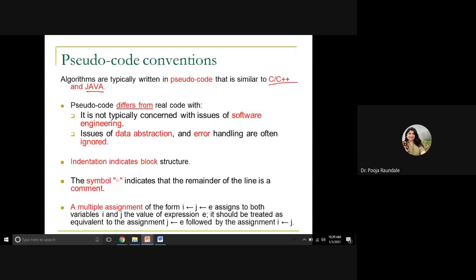Because when we are writing pseudocode, we are not concerned about software engineering, data abstraction, error handling or certain other things. We just look at the logic and how the steps are arranged. So pseudocode is not accurate, exact, error-free code which can be run.